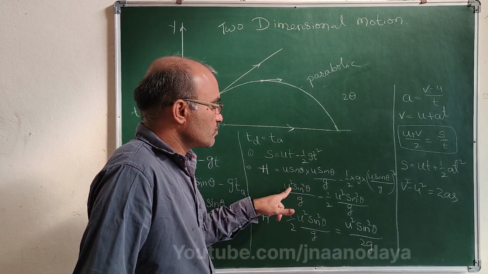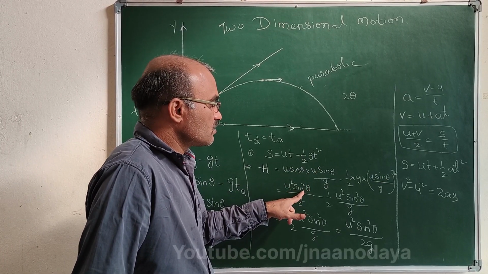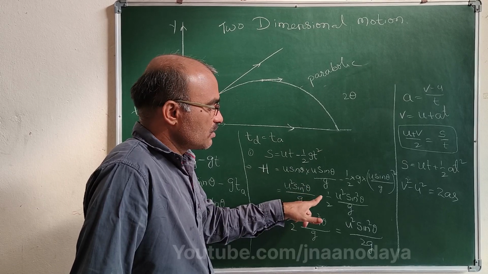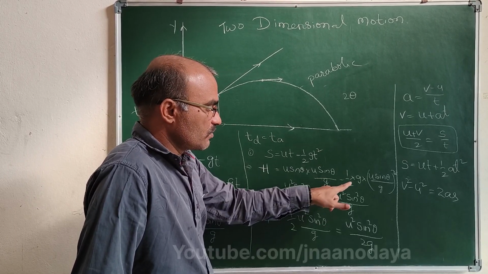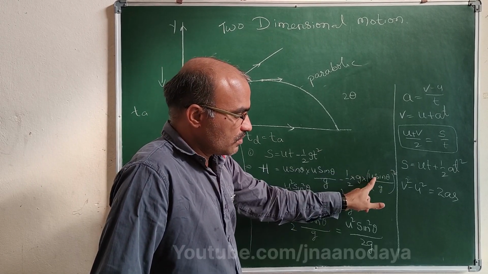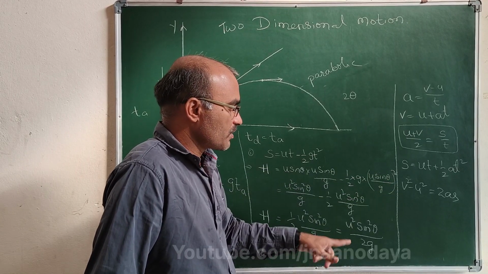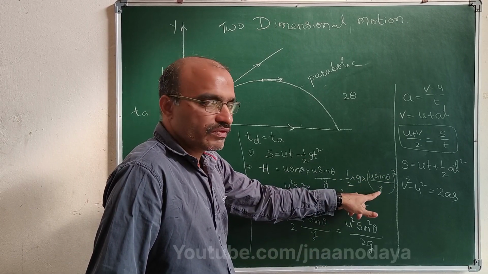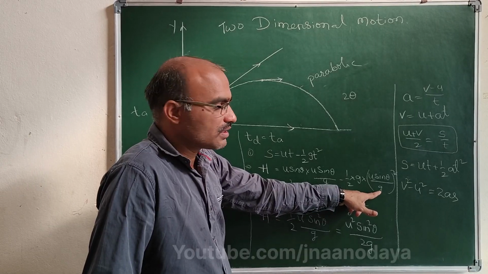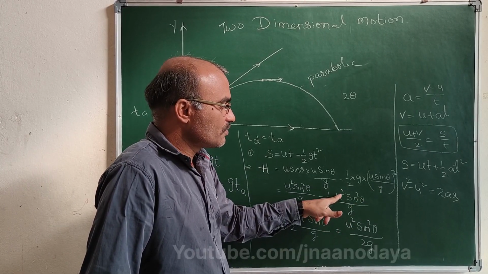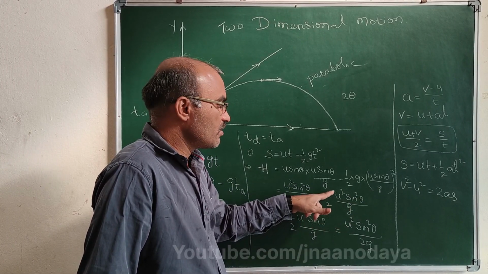So u into u square, sin theta into sin theta, sin square theta by g, minus half into u sin theta by g whole square, u square sin square theta by g square. g and g square, one g will get cancelled in the denominator, so u square sin square theta by g will remain and half as it is, right?